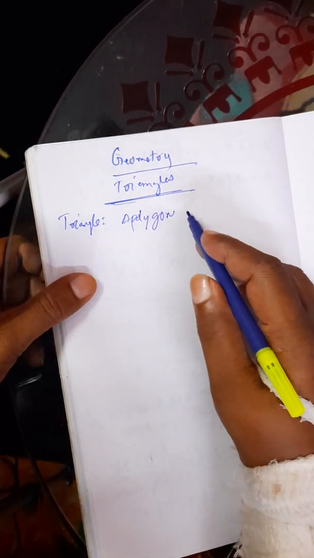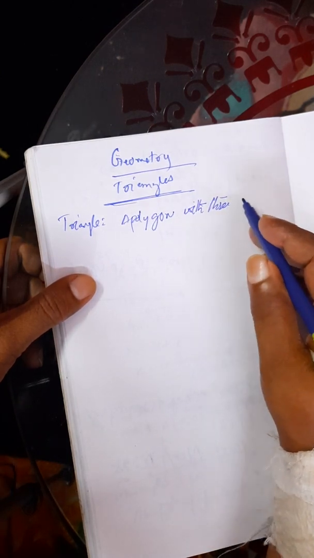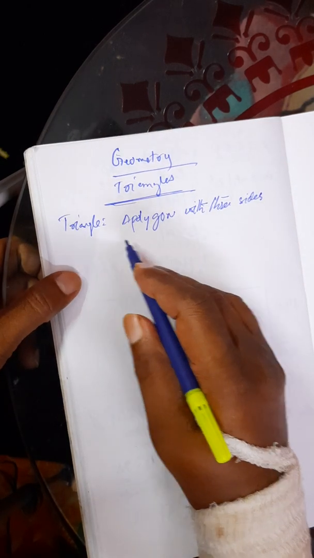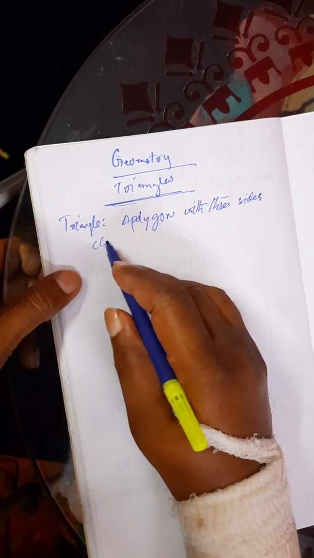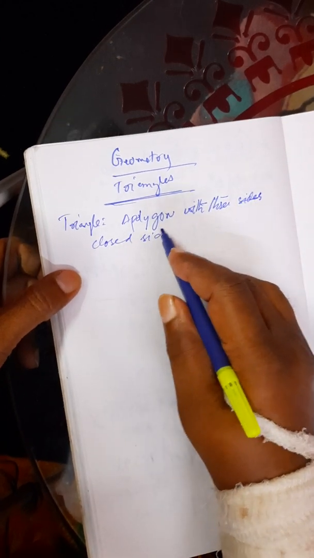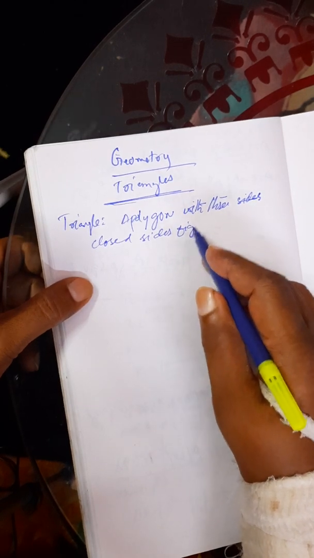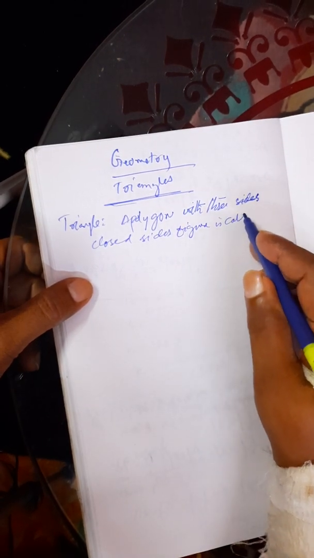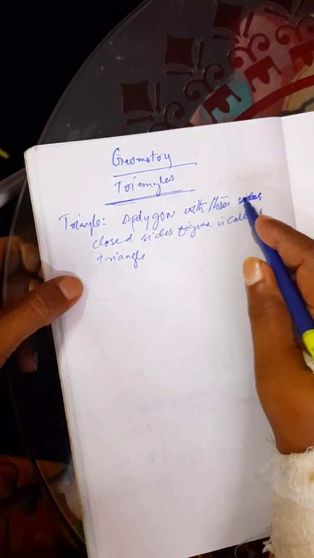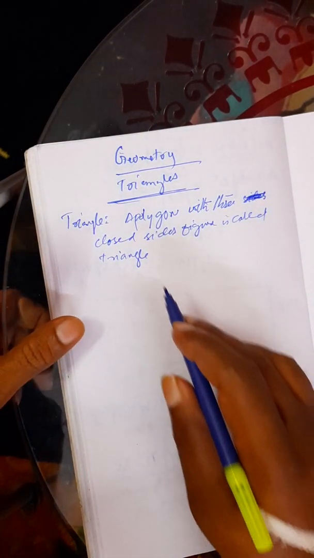A polygon with three closed sides figure is called a triangle.